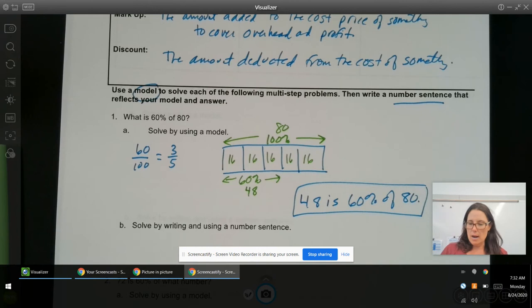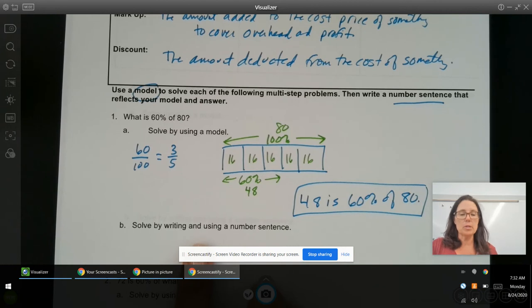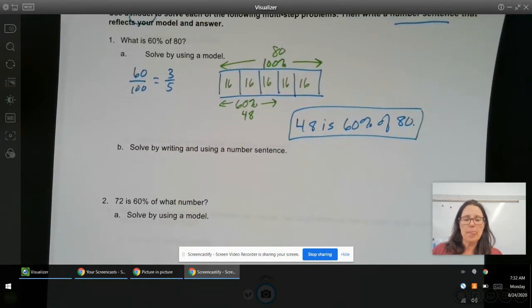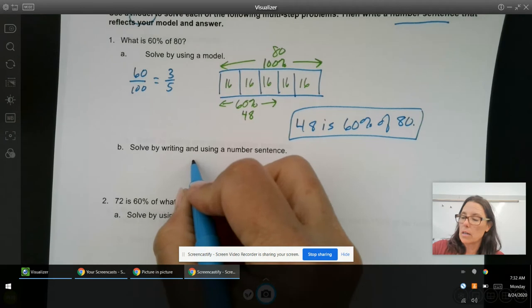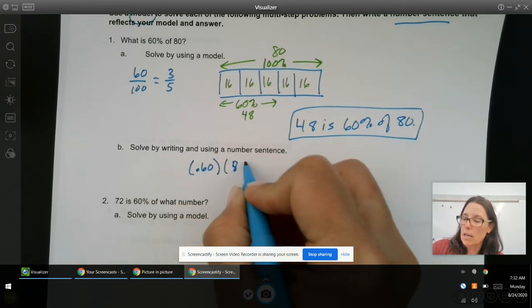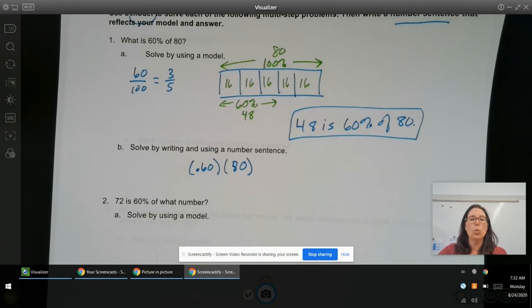All right, now back to probably what you already knew. Solve by writing and using a number sentence. Okay, so can't we multiply 60% in decimal form times 80? When we multiply that together, we get our answer of 48.